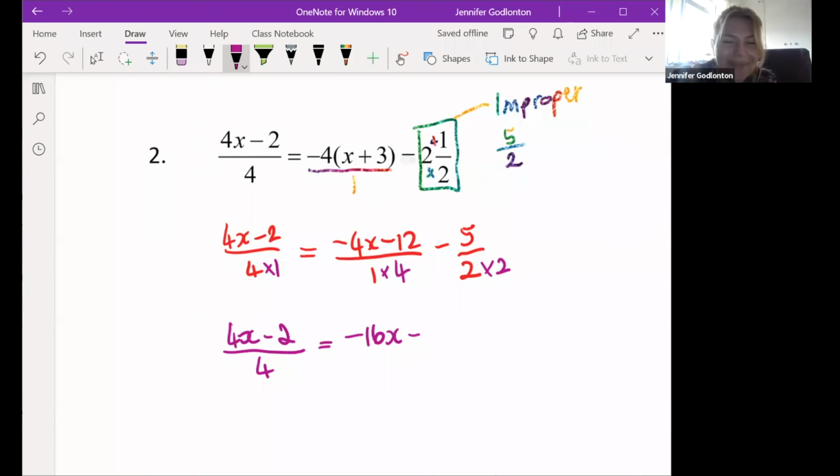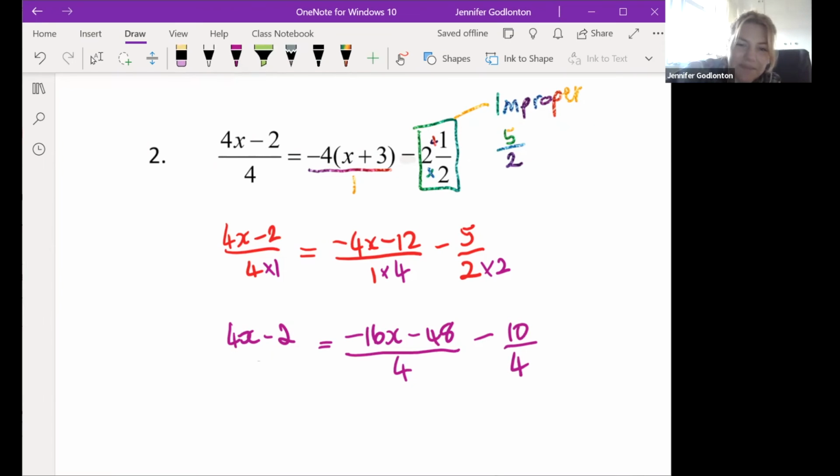There we go. 48, sorry, minus 48 over 4. Minus 10 over 4. Okay. And the denominator would fall away because it's all under one common denominator.